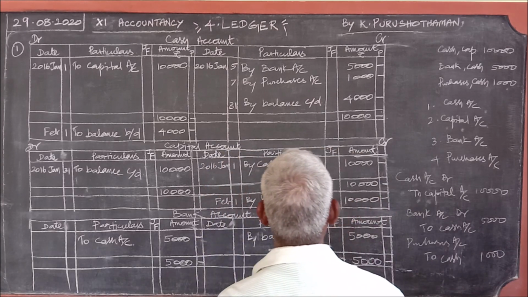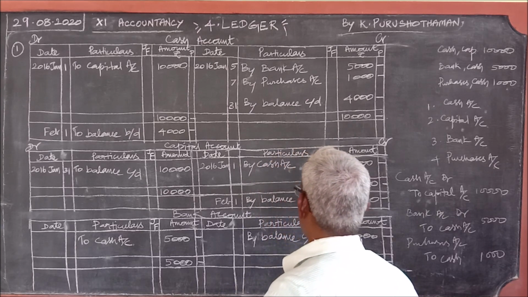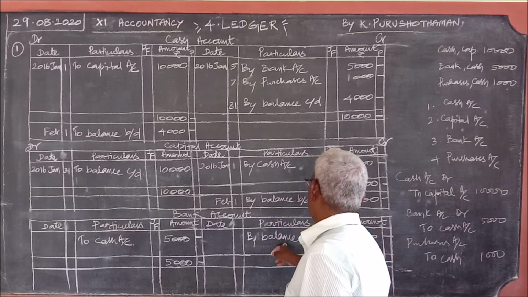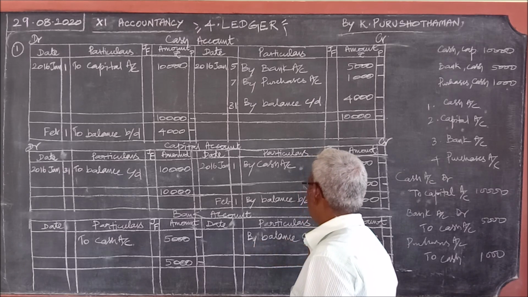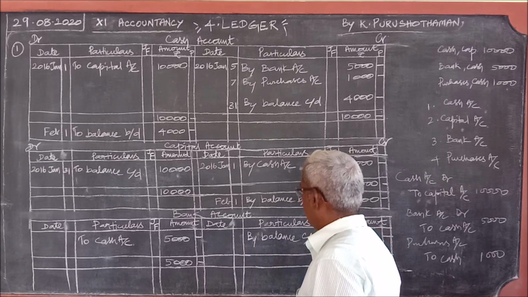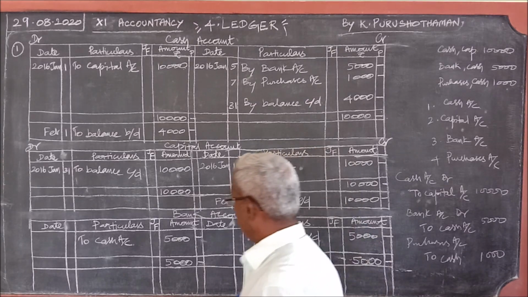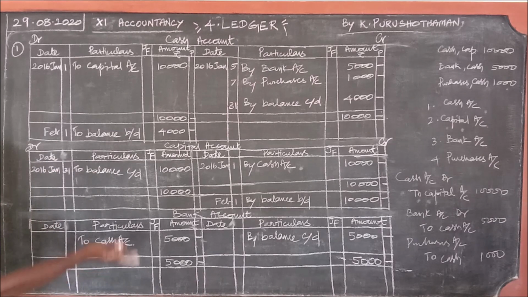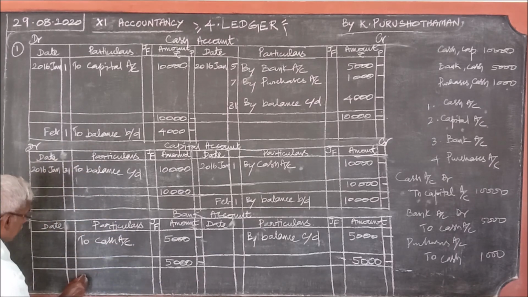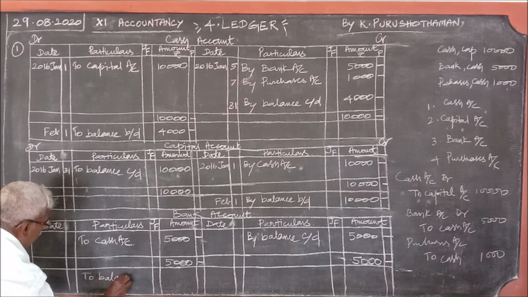The missing amount, or the balancing amount, must be written here in the particulars column in the name of by balance carried down. Since this is the credit side, I use this term "by". Since the carried down is on the credit side, brought down must be on the debit side to balance.